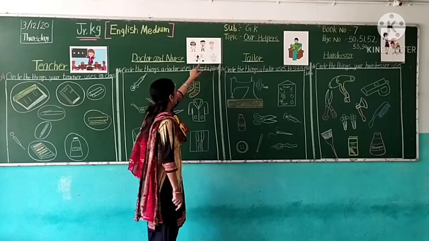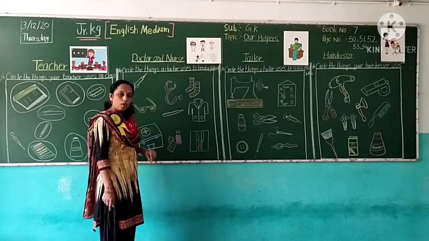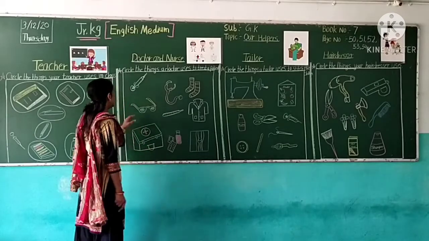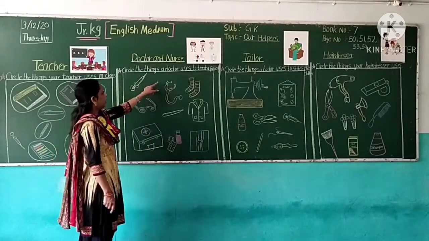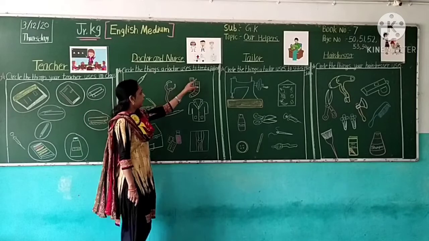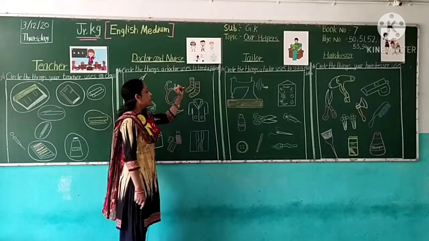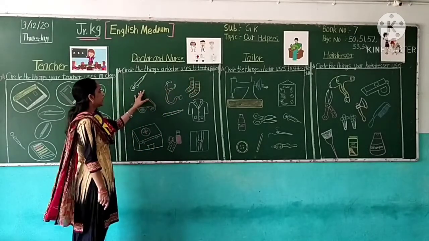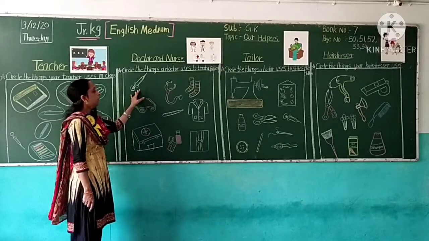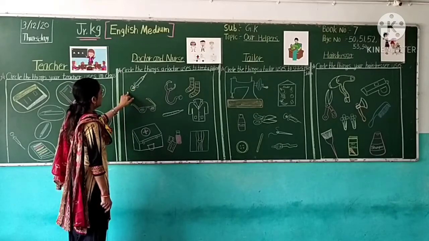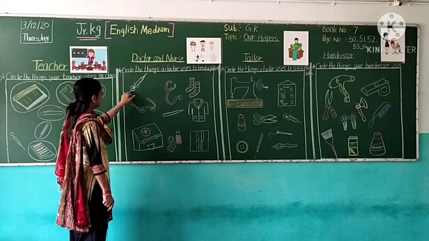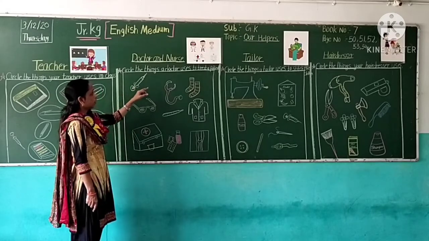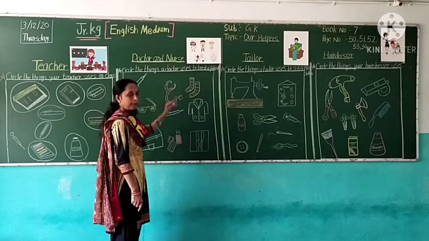Okay. Who treats us when we are sick? Doctor. Okay. Circle the things a doctor uses to treat a patient. So only circle the things the doctor uses. Okay. So patient, circle the things a doctor used to treat a patient.